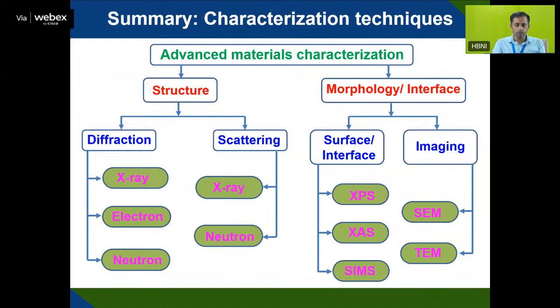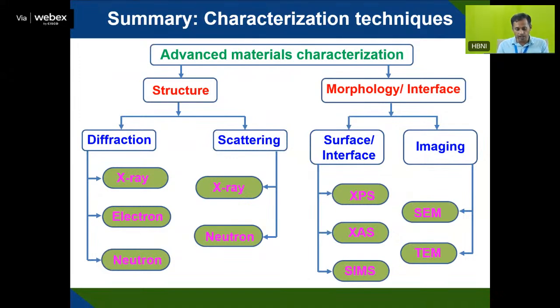In all the characterization techniques and class lectures we studied, we covered diffraction techniques, X-ray, electron and neutron diffraction, scattering techniques, X-ray and neutron scattering, and surface techniques like XPS, X-ray absorption spectroscopy and secondary ion mass spectroscopy. There are imaging techniques, SEM and TEM, that we covered.